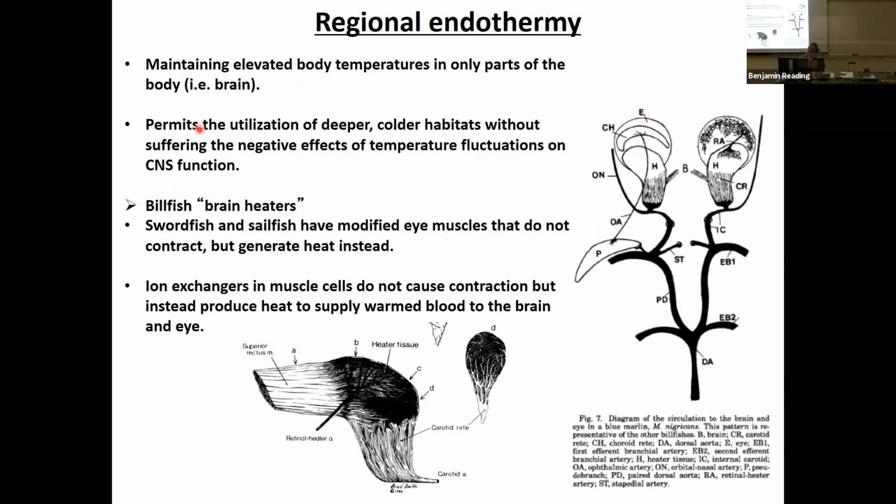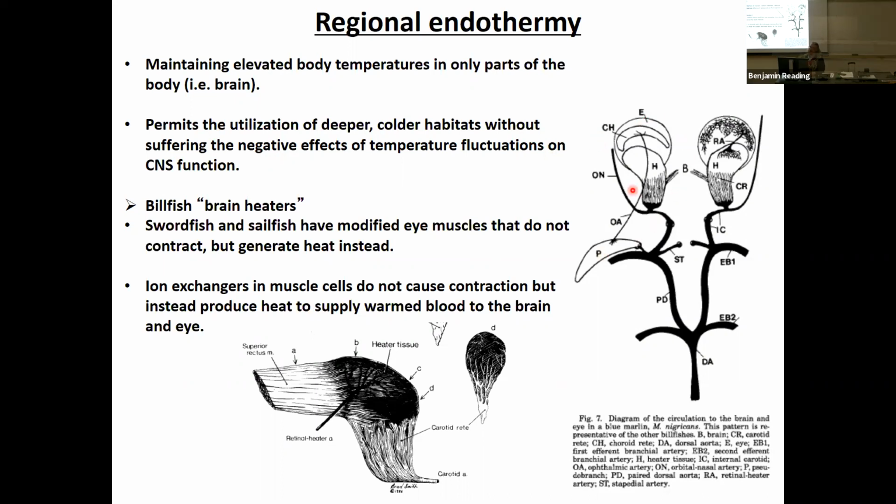And so this permits utilization of colder habitats without suffering negative effects of temperature fluctuations on the central nervous system. The colder you are, the slower your biochemical reactions and the slower you operate. And so if you warm your brain up, you can think faster, right? So these fish are a little bit more astute, if you will.